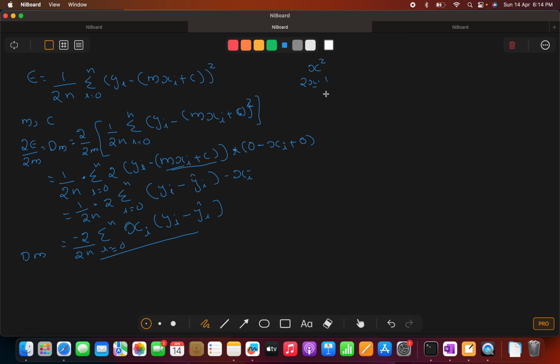Okay. Similar to that, we need to calculate the dc, that is dou e by dou c. When we calculate the dou e by dou c in a similar way, you can do the calculation. So I am writing only the final result here. So this will be minus 2 by n, sigma i is equal to 0 to n, yi minus y hat predicted.